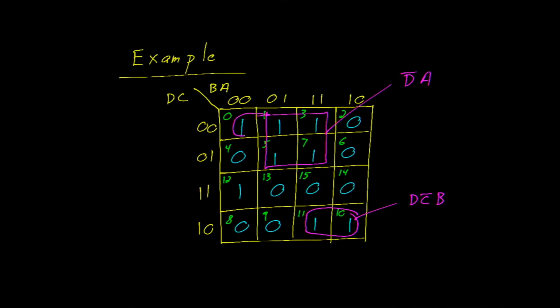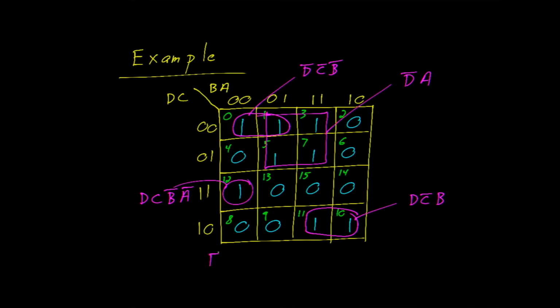Minterm 0 can be covered this way, where that implicant is described as D naught C naught, and then in the B naught column. Finally, there's poor minterm 12. There's nothing adjacent to it, so we simply have to describe that as DC, B naught, A naught.